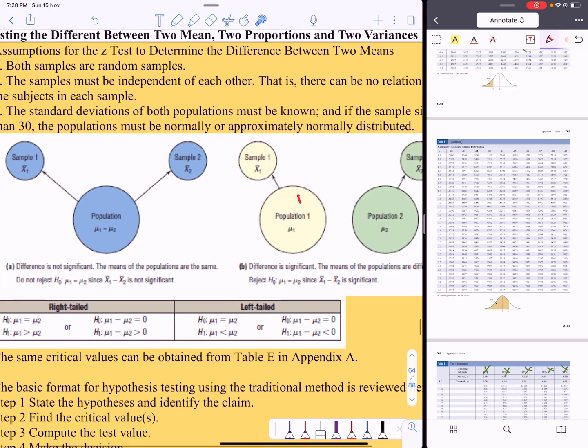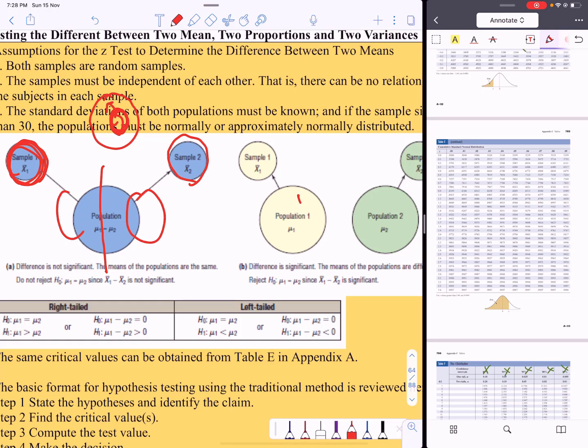Let me repeat. In hypothesis testing, we have the population, then we want to check whether the sample inside the population is different from the population. But here we have two samples, maybe from different populations. When we check, if they show no difference, it means the populations are similar.